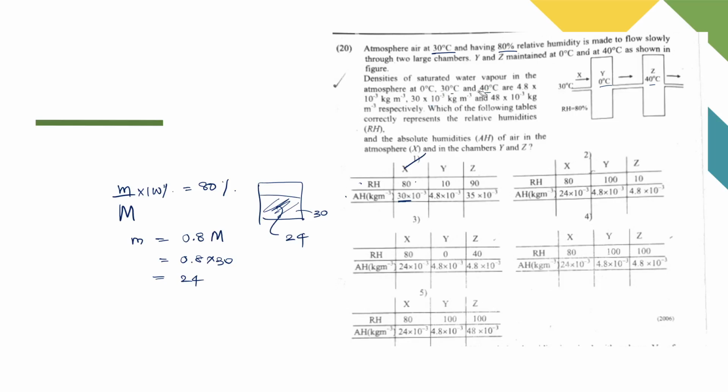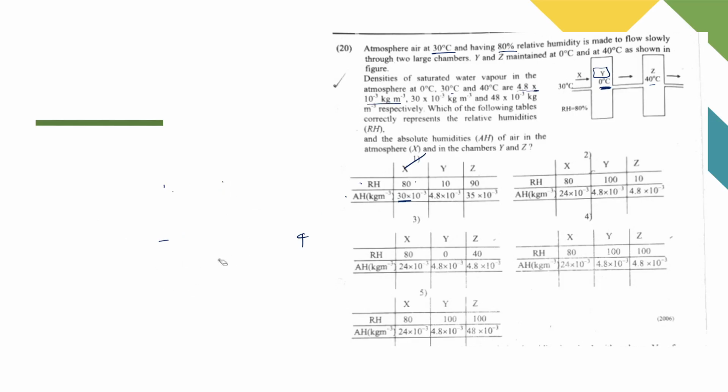Now let's go to chamber Y. In chamber Y, we are maintaining the temperature at 0 degrees Celsius. So what is the maximum amount we can have at 0 degrees Celsius? 4.8. But look what's happening. When we are sending the air from X to Y, in X, how much do we have? We have 24 into 10 to the minus 3.